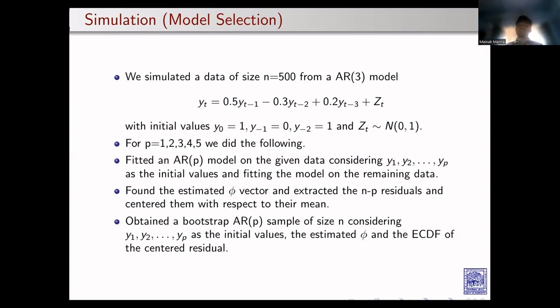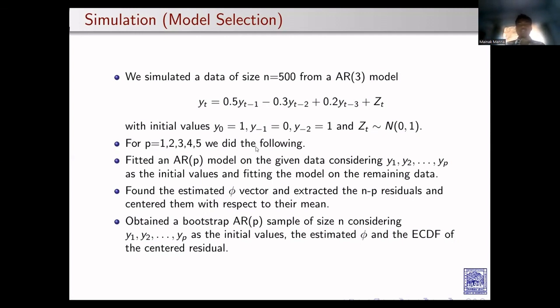But if we choose m data points from the ECDF of the residuals, where m by n goes to 0, then we have proven that the model selection method is consistent. So I will try to see that through simulation.